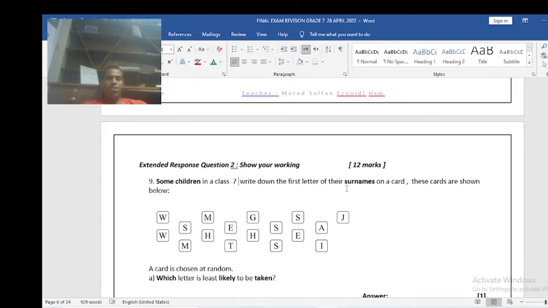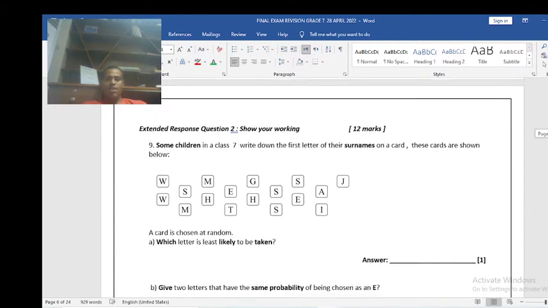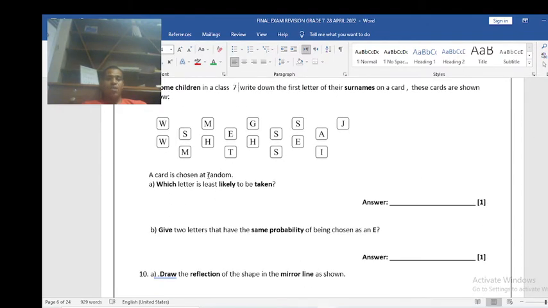These cards are shown below: W, W, S, M, H, M, A, T, H, G, S, S, N, A, S, N, A, G, and I. The first sub-question A: a card is chosen at random. I will choose randomly one card from these surnames. Which letter is least likely to happen?